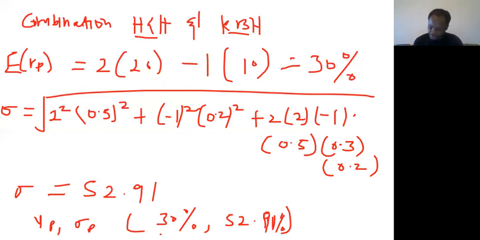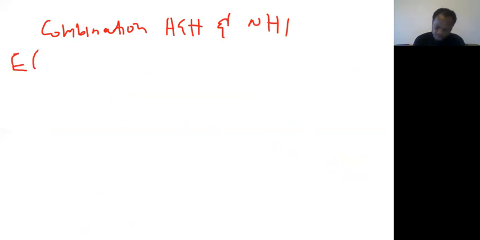And in the situation whereby we decide to combine AGH and WHI, the expected return is also the same: 2 multiplied by 20 minus 1 multiplied by 10. That gives us 30%.